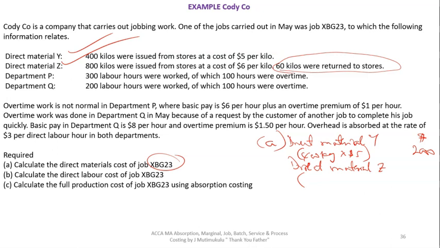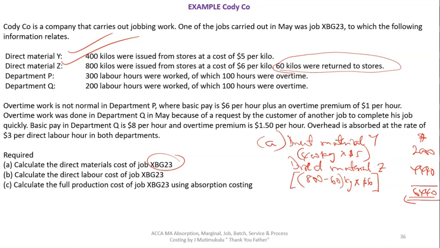So we only want the relevant materials, which were 800 minus 60 kgs, multiplied by $6. That's 740 multiplied by 6, which is 4,440. We get the total of 6,440.